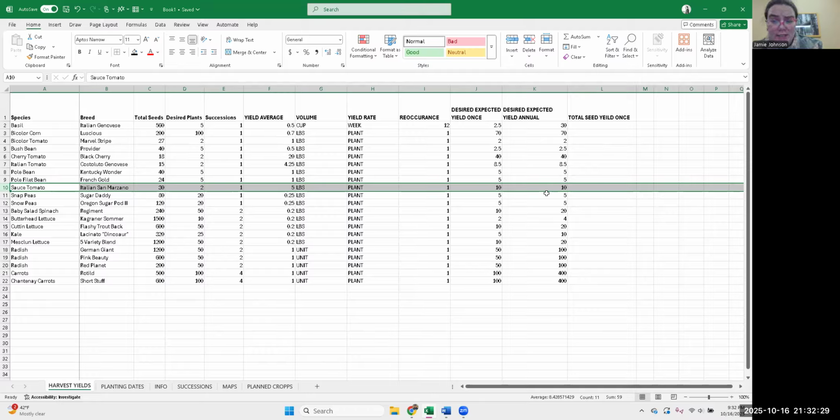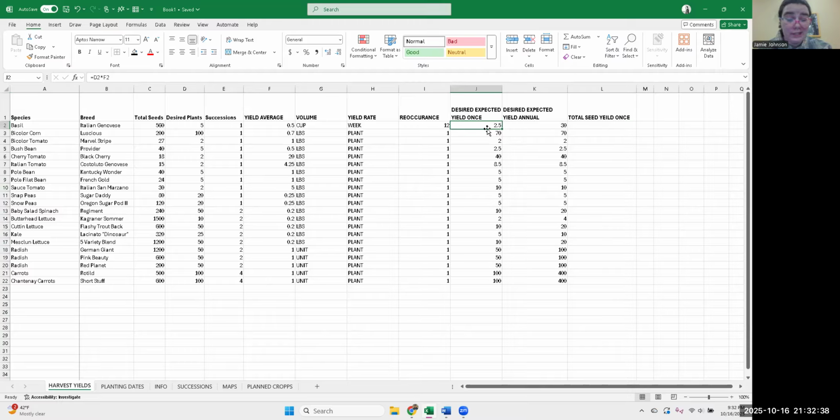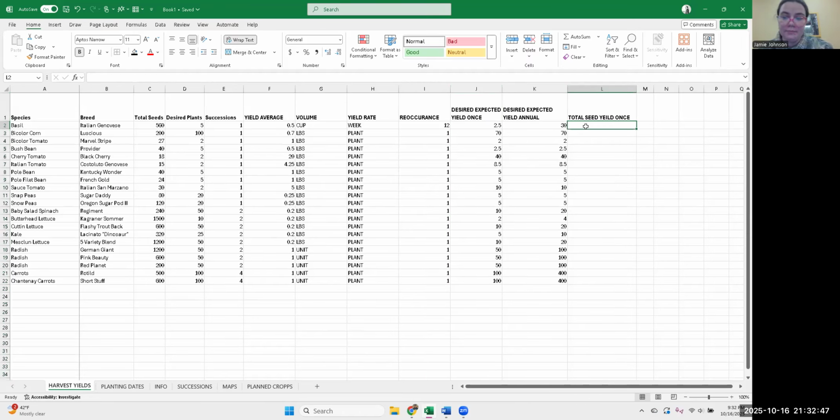Now I have this last column, total seed yield once. So I essentially would copy this row, the desired expected yield once, but instead of using my desired plants, I would use the total seeds, multiplied by the yield average.